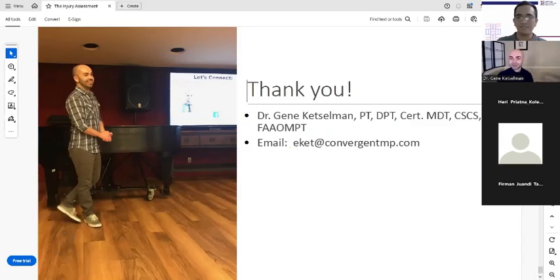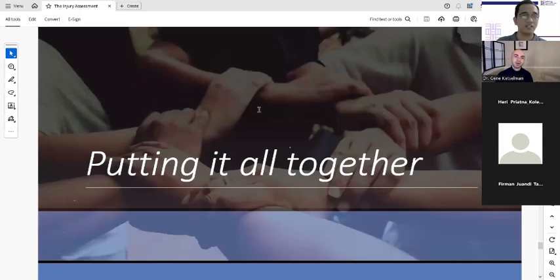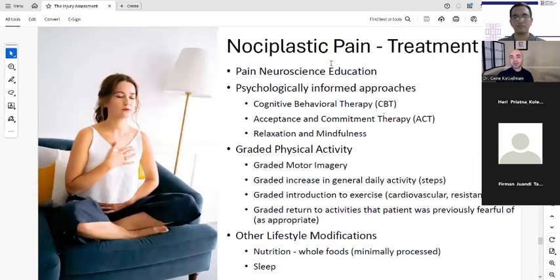Before this, when you presented your slides, one of the participants asked where the definition of the three phenotypes comes from. I already told them that it comes from the IASP. Correct, the International Association for the Study of Pain.